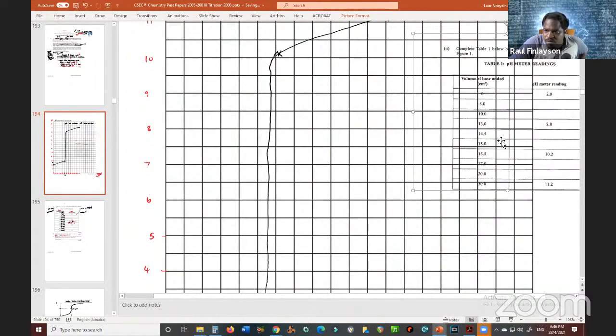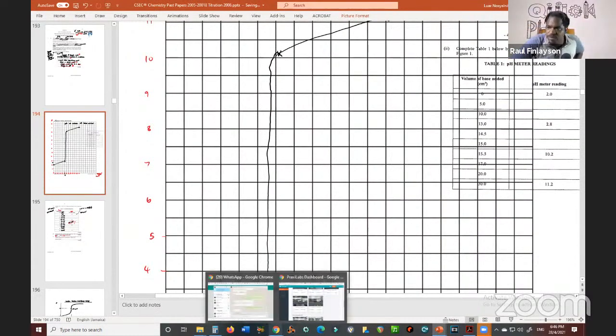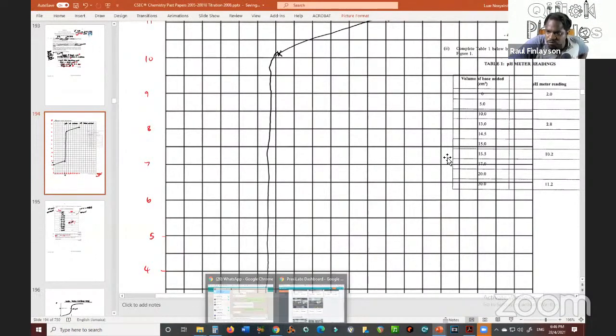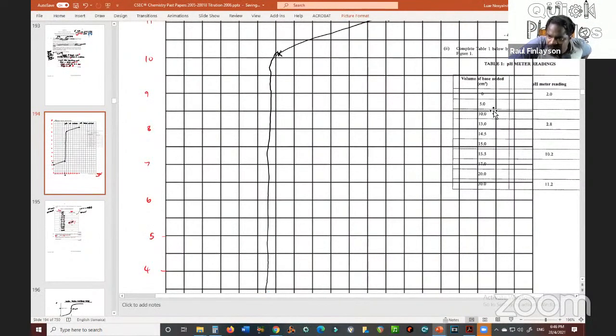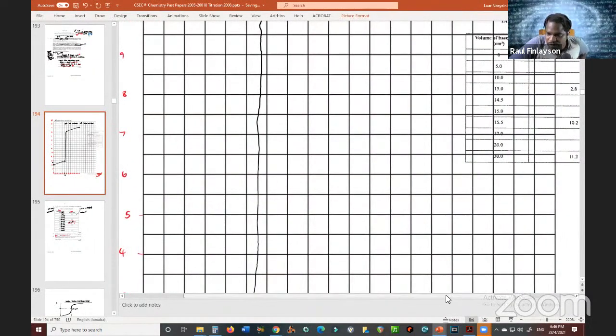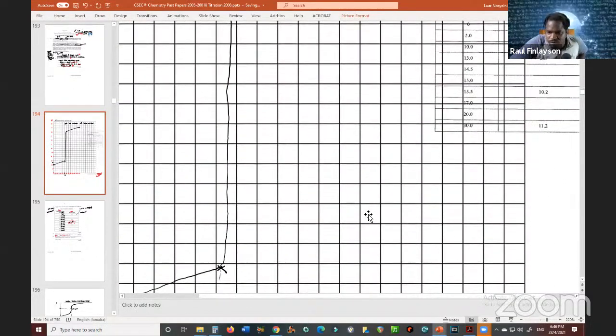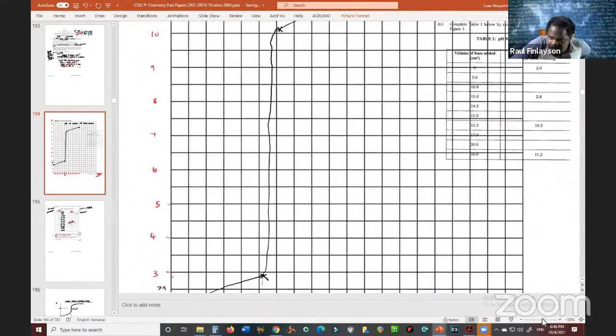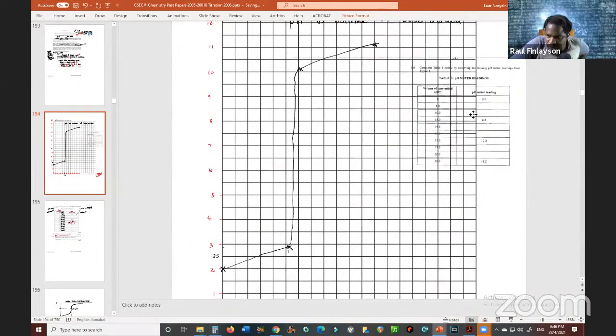We're trying to fill in the table now, guys. So first of all, notice that there's a space at 5, and we want to set this up so that we can look at the graph and write in the number.